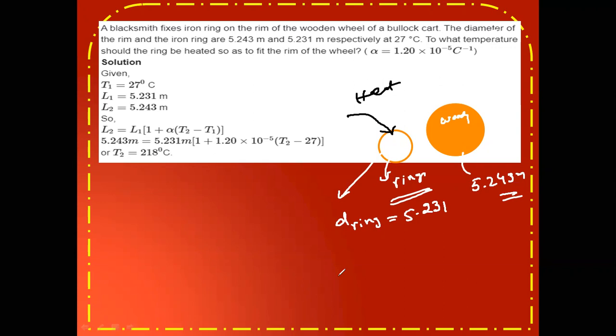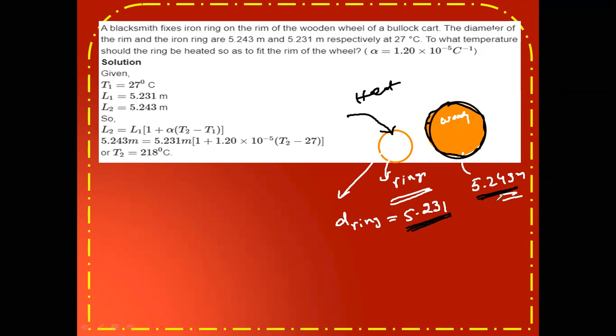So I have to raise the temperature of the ring in such a way that its diameter is slightly greater than the wooden wheel. That means the final length of the ring should be this, and the initial length of the ring is this.